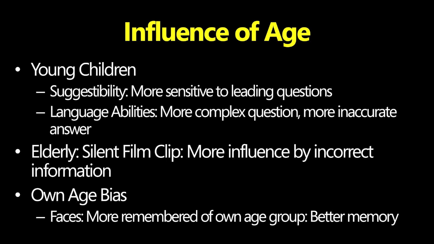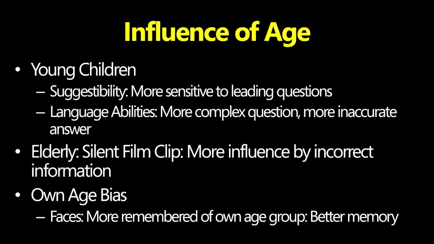One was accurate, while the other contained inaccurate information. Later on, all the participants were tested for their memory of the event. It was found that the elderly participants were much more likely to be influenced by the incorrect information and to include some of the incorrect material from the written account in their own recall of the film, which shows that they are more influenced by incorrect information, which is always good.